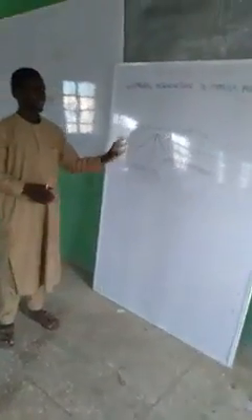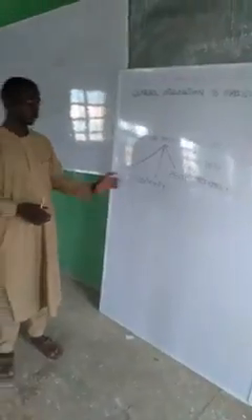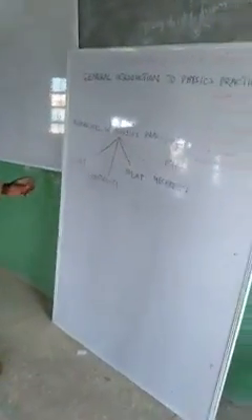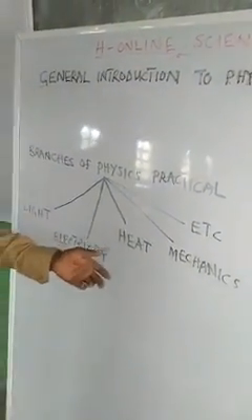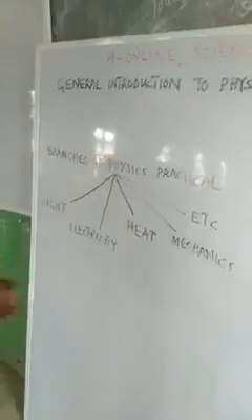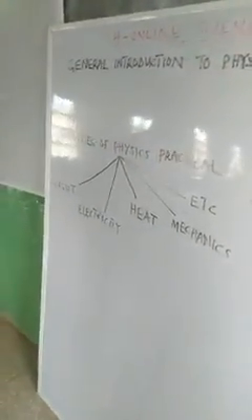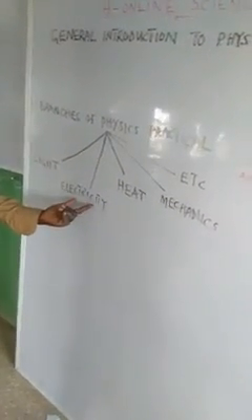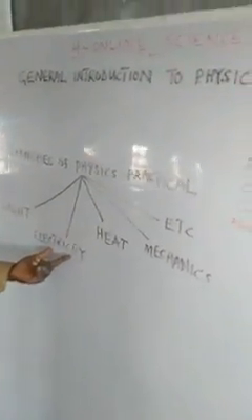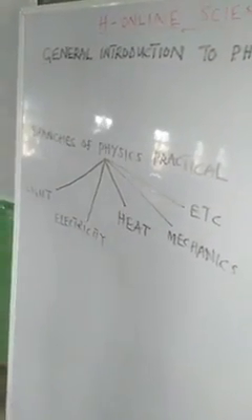Then physics practical has branches. As we have it on the board here, it can be on light, it can be on electricity, it can be on heat, it can be on magnets, and so on and so forth. Like I said in my previous video, the most important one that every student must know is electricity.